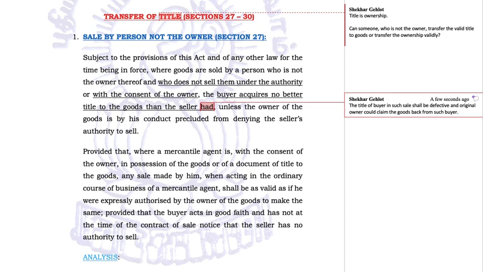The sale was without the authority of the original owner, and only the original owner has the right to dispose of the property. Unless the owner of the goods is by his conduct precluded from denying the seller's authority to sell.